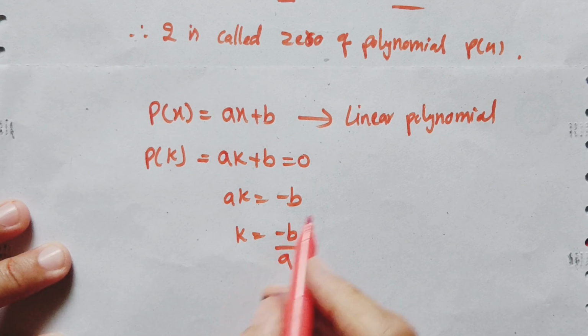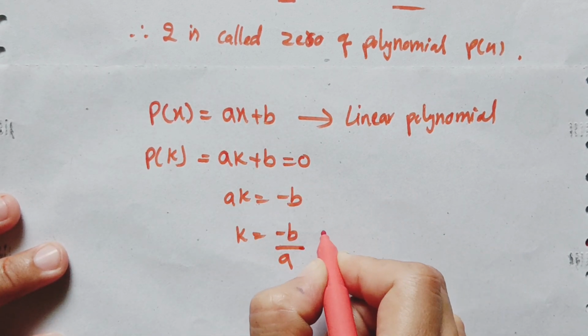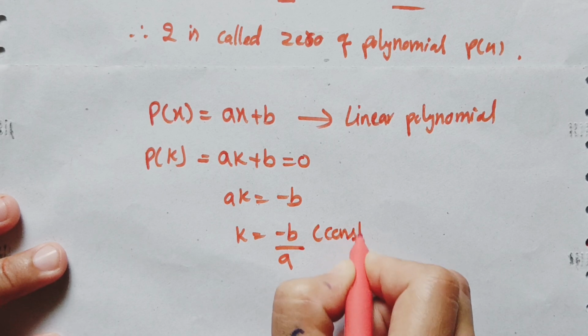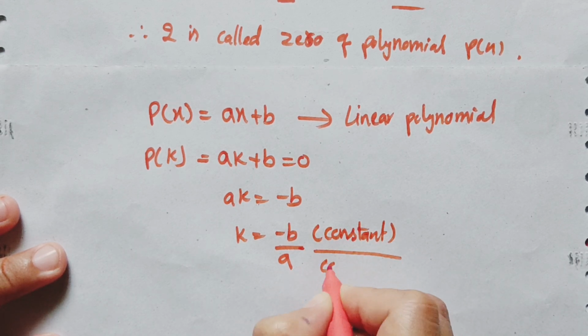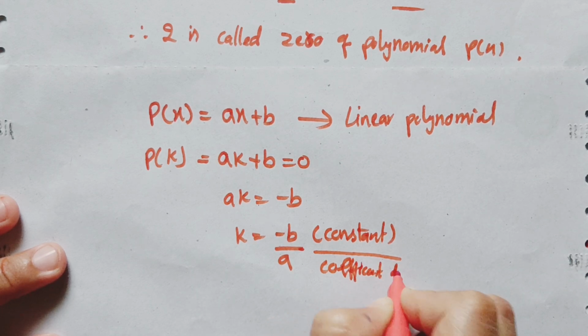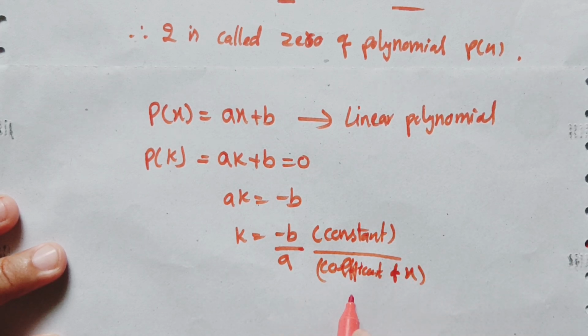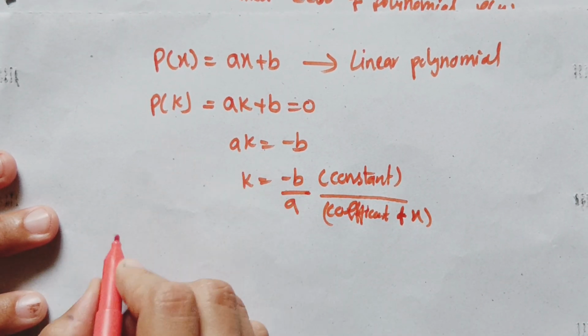So what is b here? Here b is the constant and a is the coefficient of x. Let us take one example here.